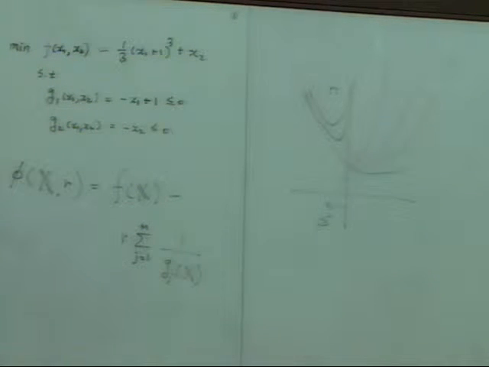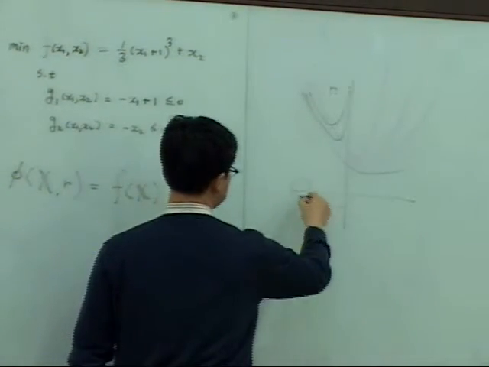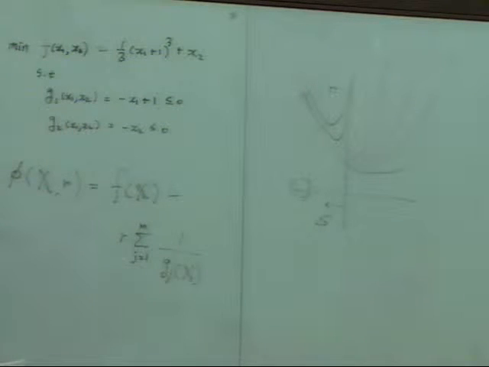Since these are inequality constraints, if we are inside the feasible region, for example around this area, then since the inequality constraint should be less than or equal to 0, it is a negative value.